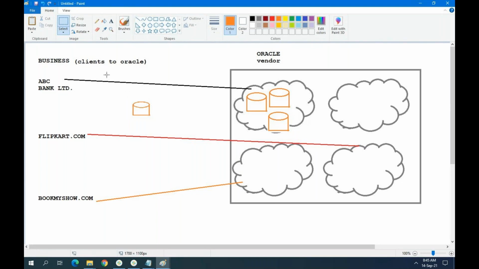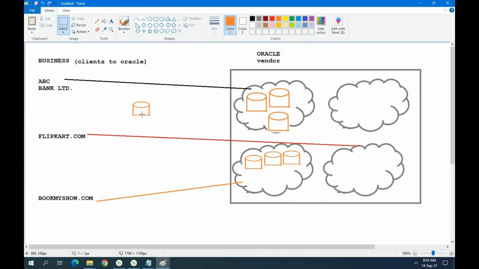Understand? Okay. Now, similarly for Flipkart also, they are maintaining some separate small databases. So here you should understand that, as a businessman, you don't worry about maintaining data.